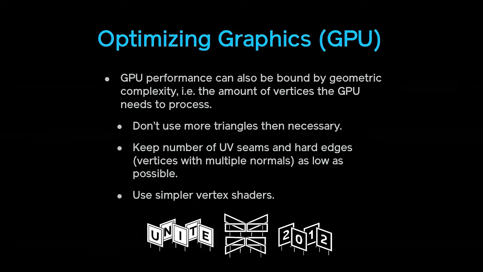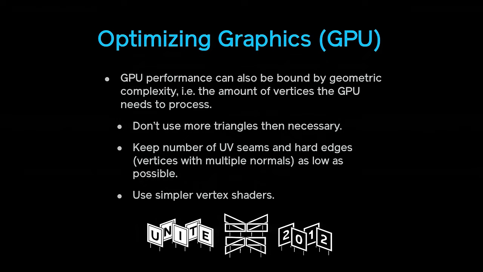One more thing about GPU performance. You may find that it can also be bound by the geometric complexity, which is the vertex processing done on the GPU, like the vertex shaders processed for each of your vertices. So if you want to optimize for that, make sure you don't use more triangles than necessary.